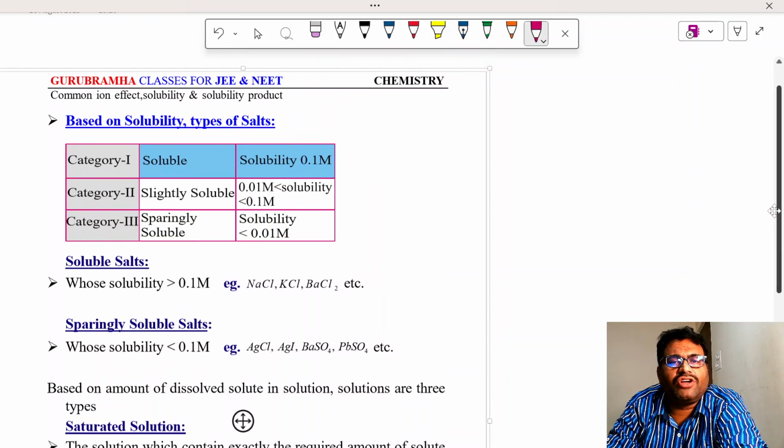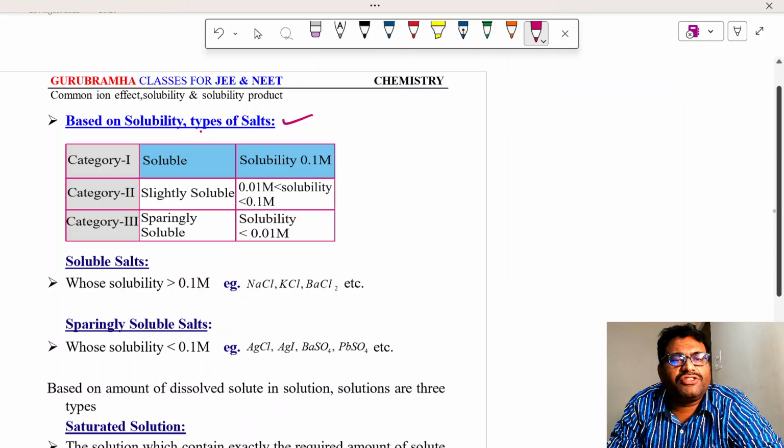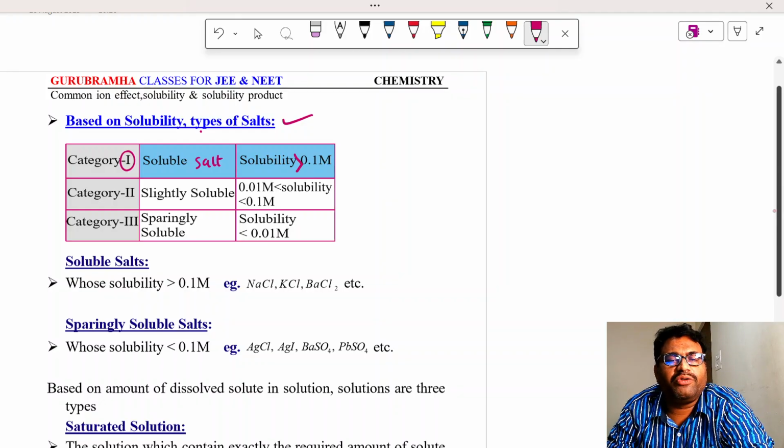Based on the solubility, already we have seen what is meant by solubility. Based on the solubilities, three types of salts we are finding. Category 1, soluble salt. We say it is a soluble salt whose solubility is greater than 0.1 M. What is 0.1 molar?